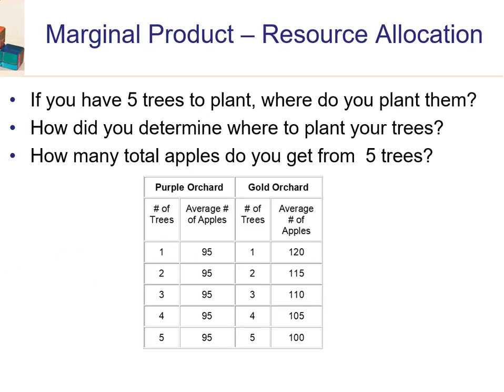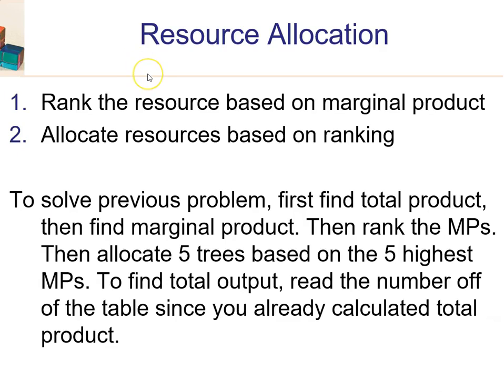So what's the approach to solve this problem? Again, the key is finding the marginal productivities. So here's the 2-step approach. First, rank your resources based on their marginal productivities, not their average productivities. Second, allocate your resources based on this ranking.